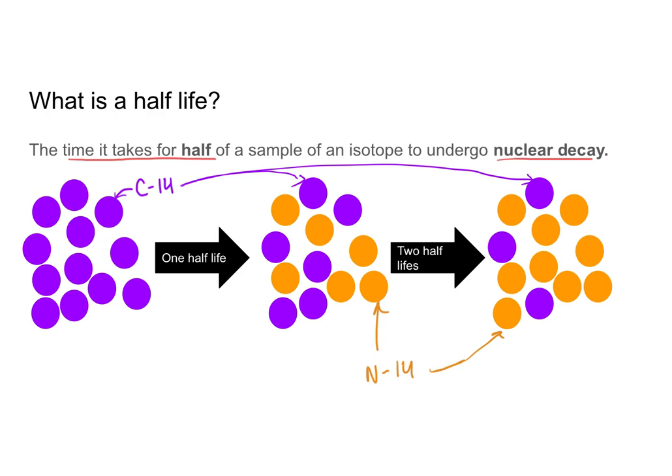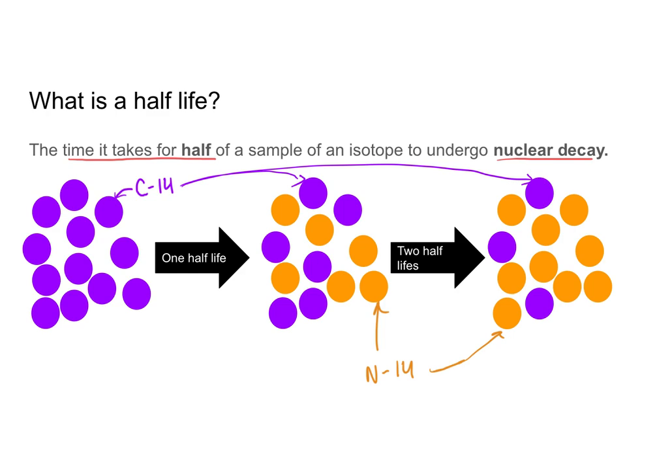At the beginning of my initial sample, I have 12 carbon-14 atoms. Once one half-life has elapsed, half of those atoms are going to decay into nitrogen-14, represented by those little orange circles. So instead of having 12 carbon-14 atoms, I'm going to have 6 carbon atoms and 6 nitrogen atoms.